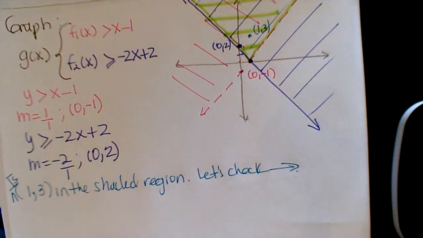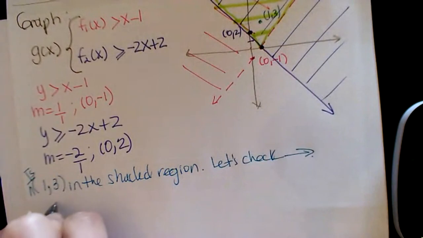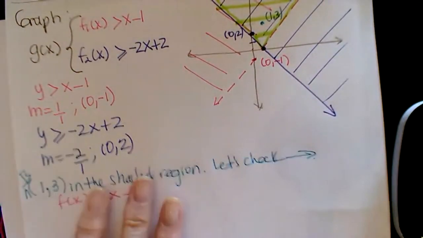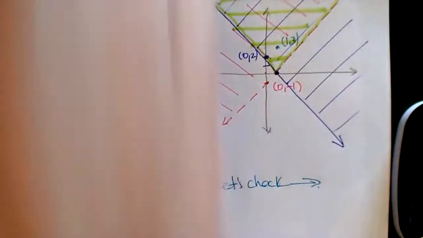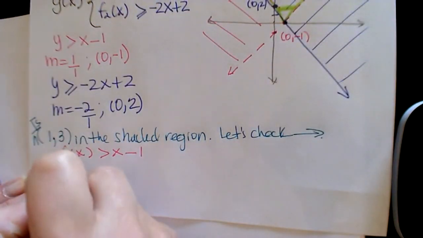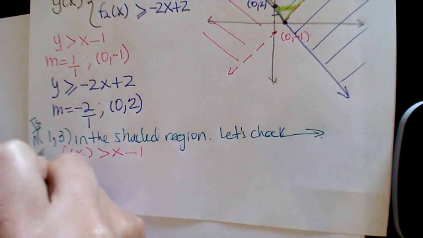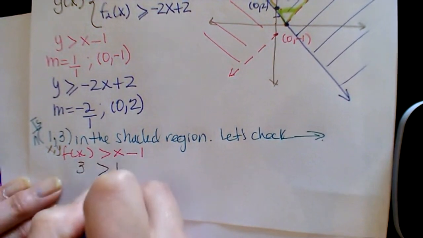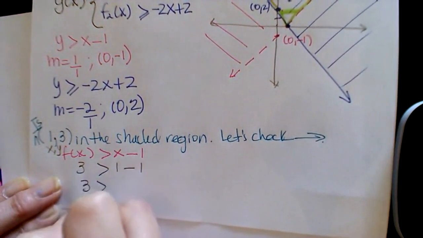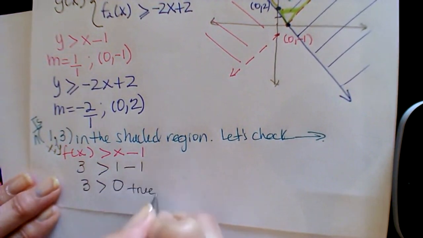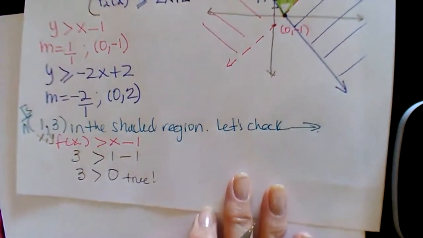Now, let's do it. So we have f of x greater or equal to x minus 1, right? And y, remember. So y is equal to 3, x is equal to 1. This is 0. Is 3 greater than 0? This is true, right? 3 is greater than 0.